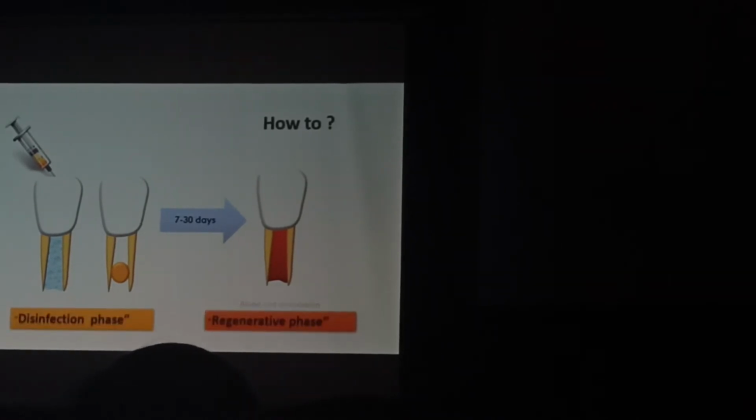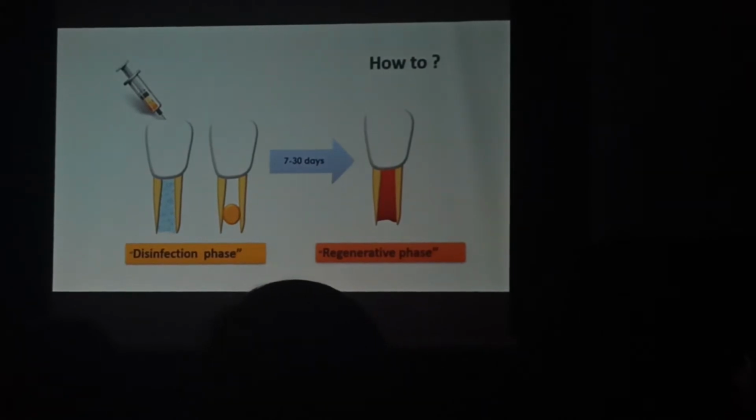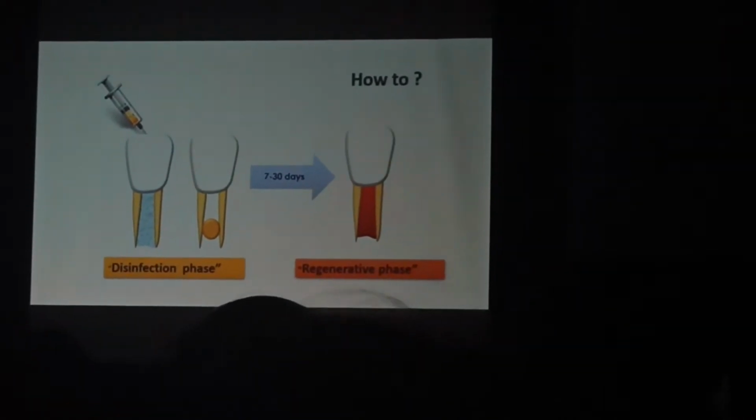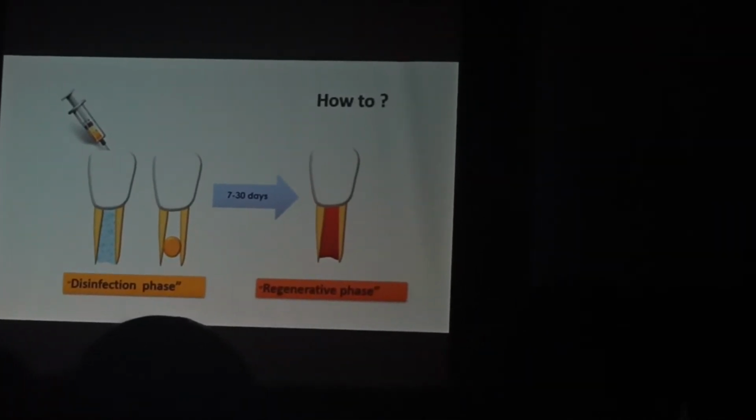So we can simply say that the treatment can be separated into two phases. The first is a disinfection phase, and later is a regenerative phase. We focus on the disinfection phase first.